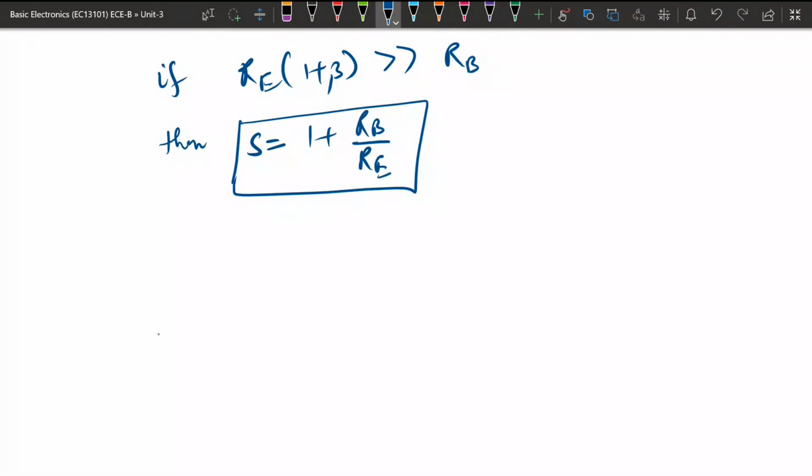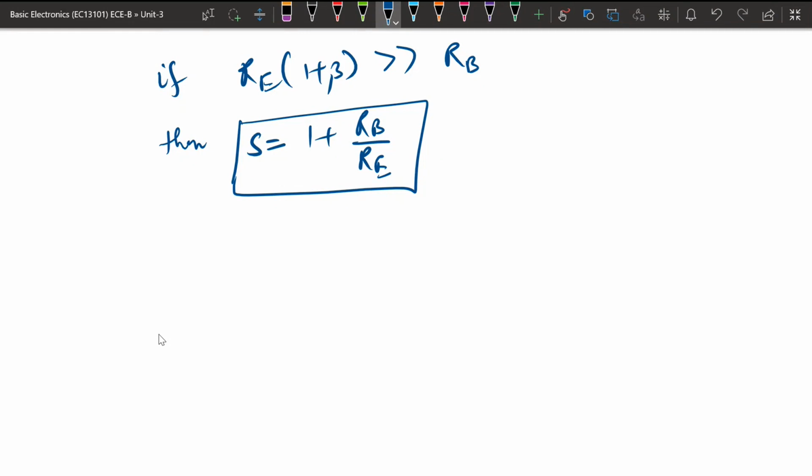So again, if we need to have a stable system, as this Re in case of this BJT circuit is not decided by the user, only the IC, that is the load resistance, will be defined by the user.